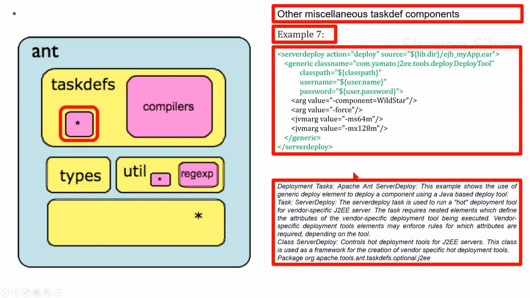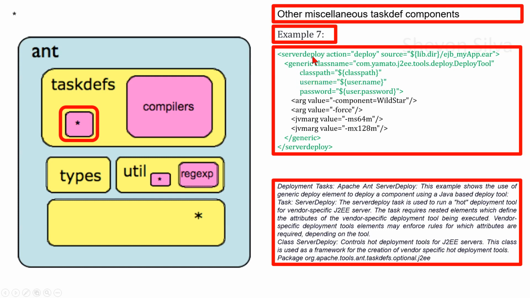Now we are considering Apache Ant server deploy in deployment tasks. This example shows the use of the generic deploy element to deploy a component using a Java-based deployment tool.